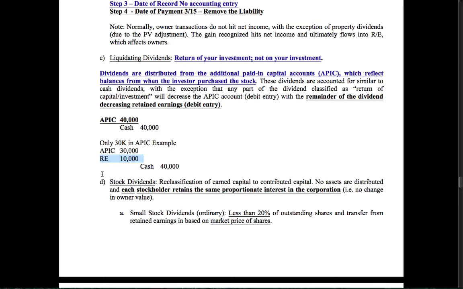What I will note here, to make sure you understand: the decrease in additional paid in capital, the debit entry, is the return of your investment. A decrease in retained earnings is a return on your investment. So that is key to note.